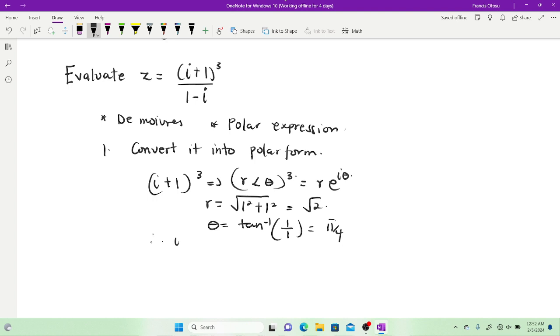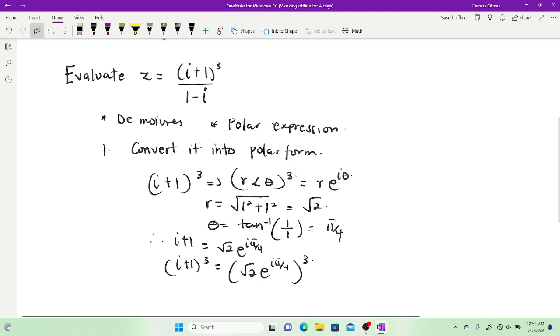Therefore, i + 1 is simply equal to my r, square root of 2, multiplying e to the power i pi on 4. Therefore, (i + 1) all cubed will be equal to square root of 2 times e to the power i pi on 4, all to the power 3.